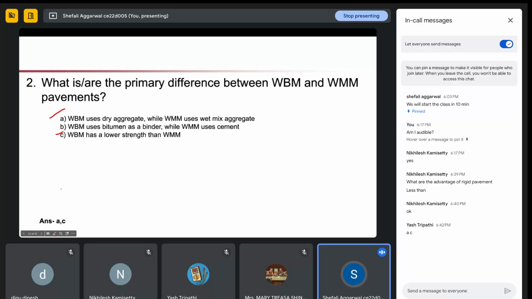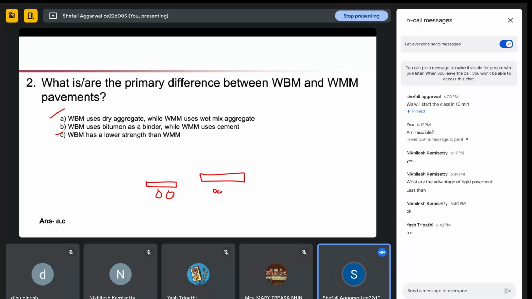In water bound macadam, we are using dry aggregates or coarse aggregate as a bottom layer, and above that we are laying the base layer. And in wet mix macadam, we are using mixed aggregate, small aggregate and large aggregate, and above that we are providing our base.